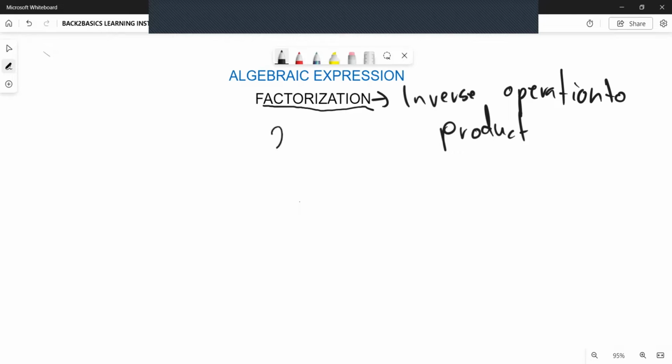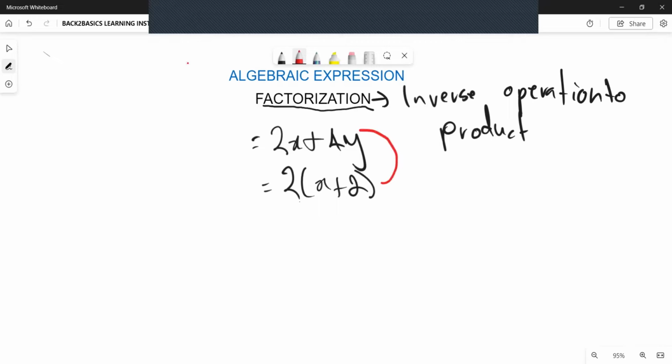Now, for example, if you have 2x plus 4y, how can you factorize this? For you to factorize, this is going to be the same as 2 into (x plus 2y). As long as you are able to change this and write it in this format, it means you have factorized.